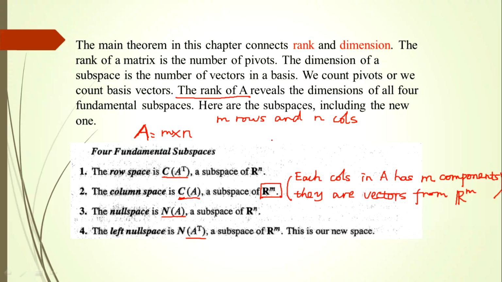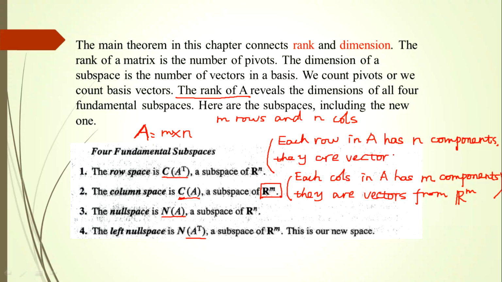In a similar way, you can check the row space for matrix A. Think about each row in matrix A. How many components does each row have? It should have N components, and they are vectors from Rn.